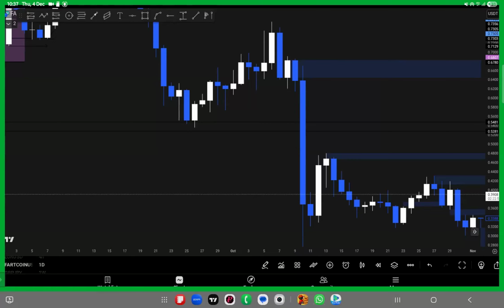It's trying to tell you that, okay, at this particular level, there were a lot of sellers. Not only were there a lot of sellers, but sellers entered the market with big money. That can only happen when smart money guys are positioned in this particular area.